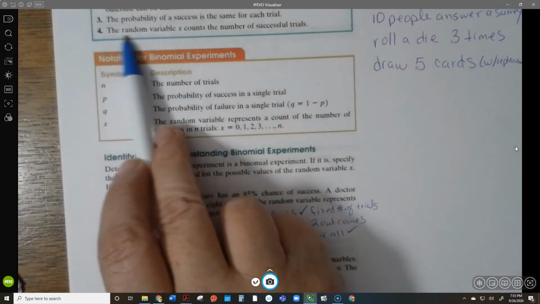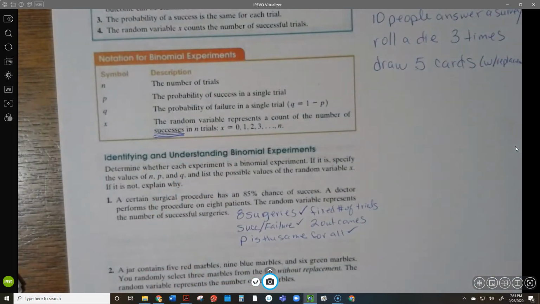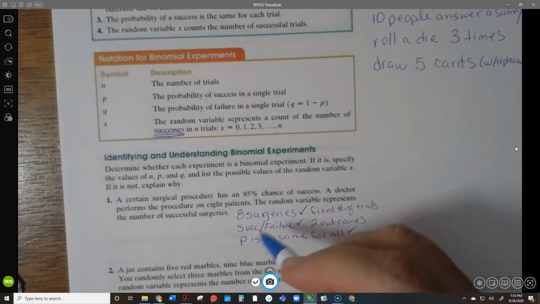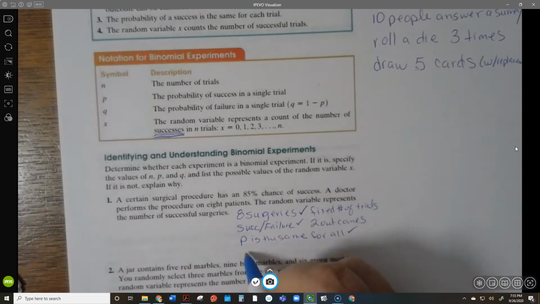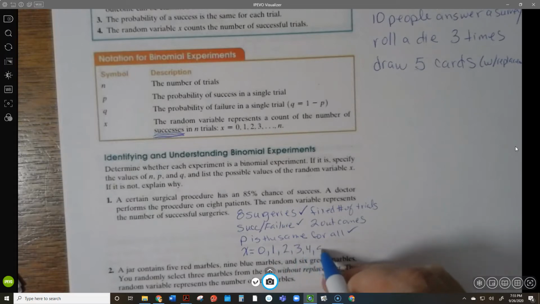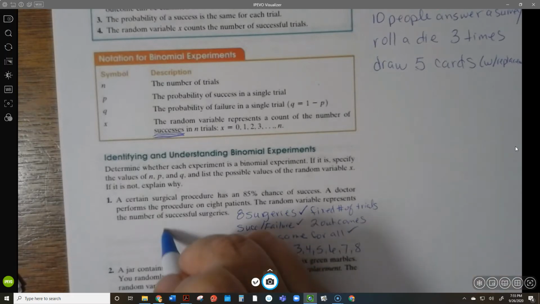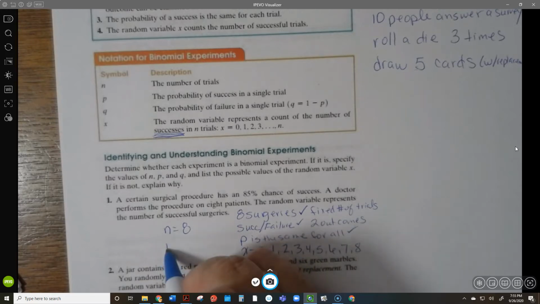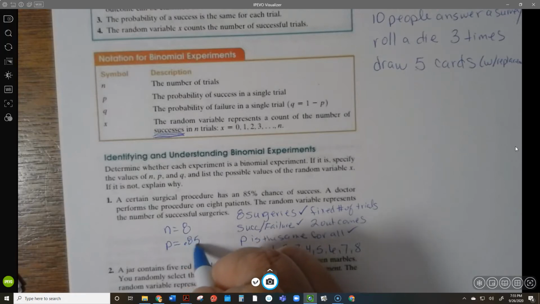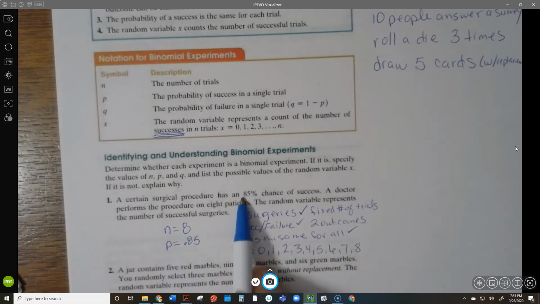And the random variable x counts the number of successful trials. Okay, so we've determined that it meets all the criteria. So x could be 0 successes, 1, 2, 3, 4, 5, 6, 7, or 8. The value of n was 8. We've already done that. The value of p was given. p is right here, 0.85, and you always write p as a decimal, not as a percent.